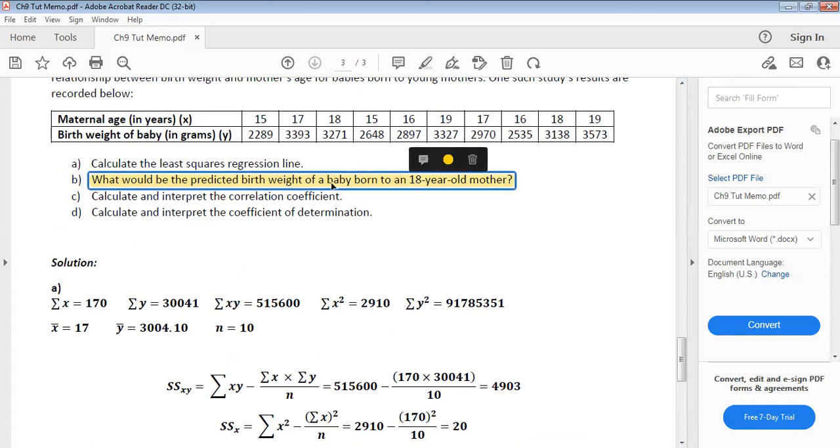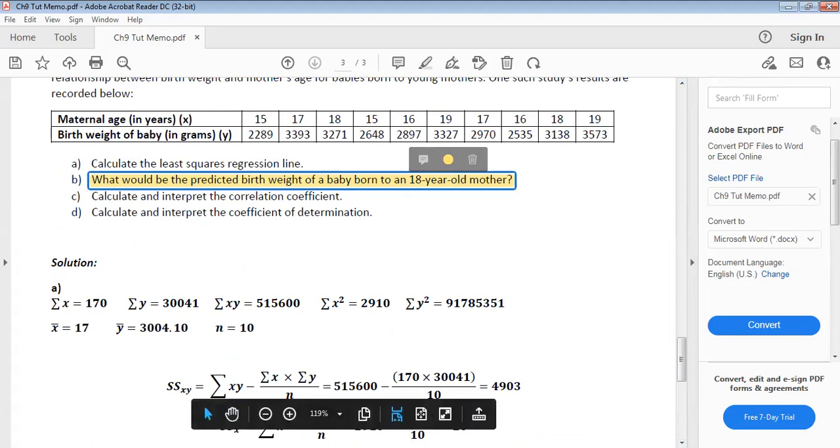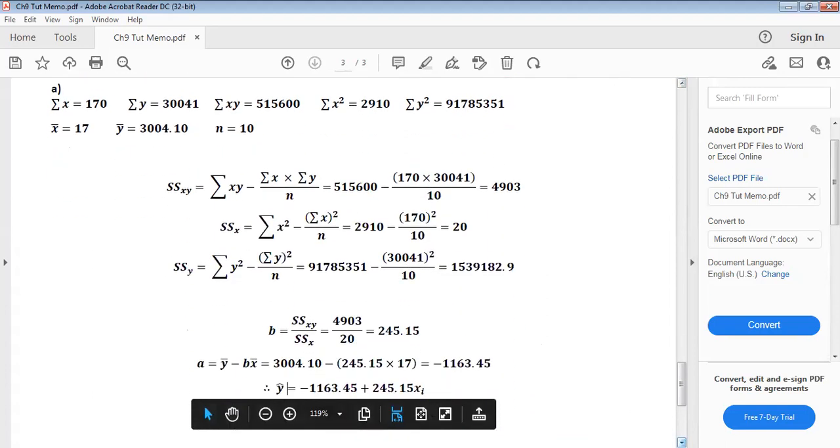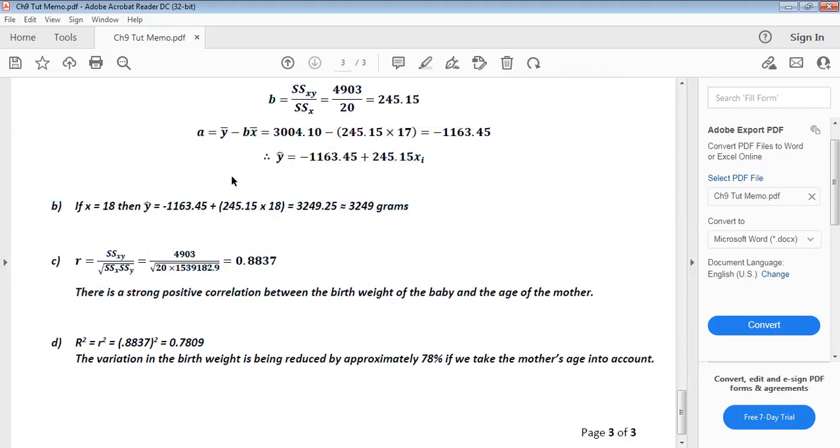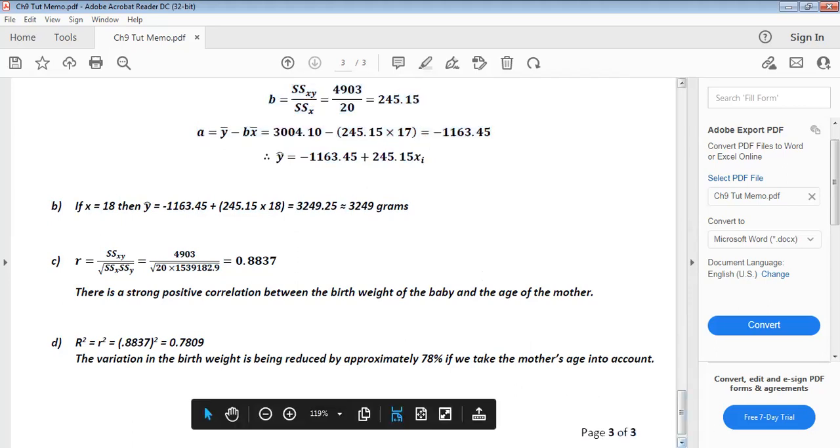It's the birth weight of a baby that they're asking you. So 18 is X, all right? So you just punch in. They may give you Y, they may not give you X. So you have to know what they're giving you. And then you just put in the formula that you found here, okay?